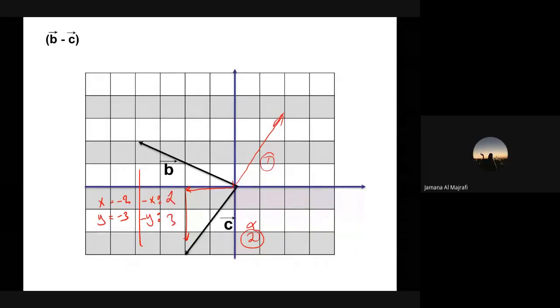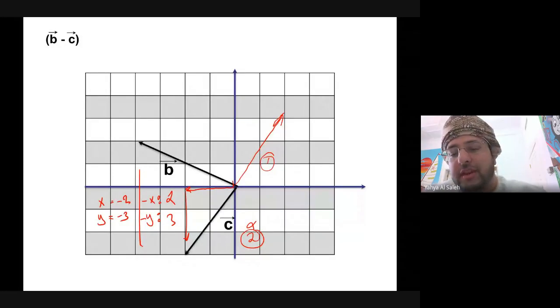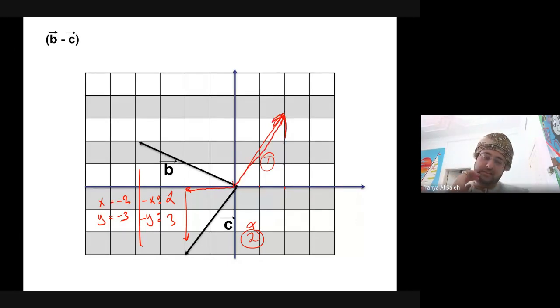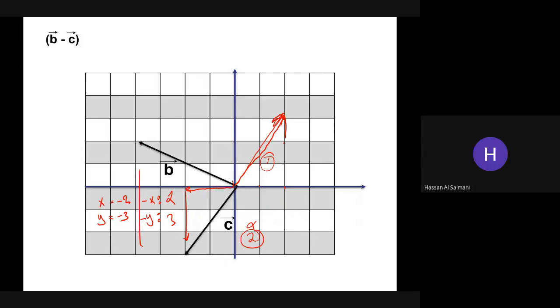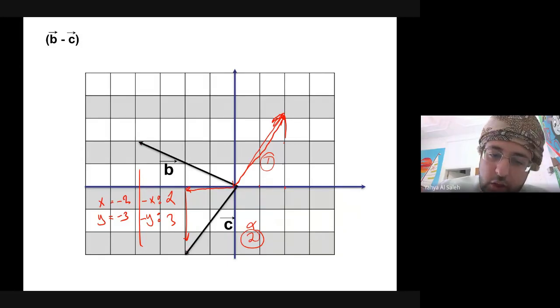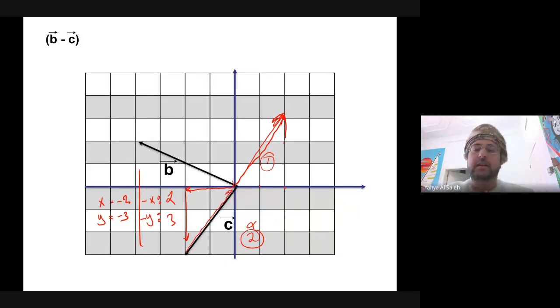Now if I want to do 2 and 3, 1 2 1 2 3, it has to be in this direction, right? If I put it here, although it's the right magnitude, it does not conform to these.